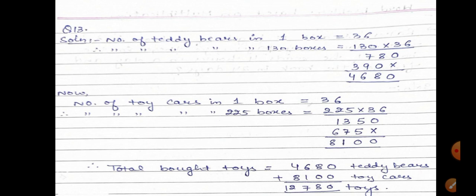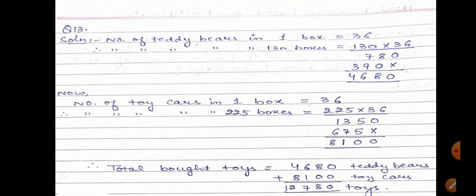Now we have to find the number of toy cars in one box, that is given, 36. Now we have to find the number of toy cars in 225 boxes, that we get after multiplication. So multiply 225 into 36, we get 8100. Now we have to find total bought toys. Means total bought toys includes teddy bears and toy cars.